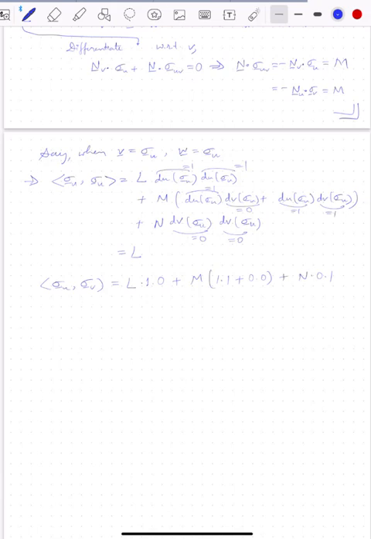So eventually we are left only with m. Finally, we have sigma v comma sigma v. In this case, we are left with only n.